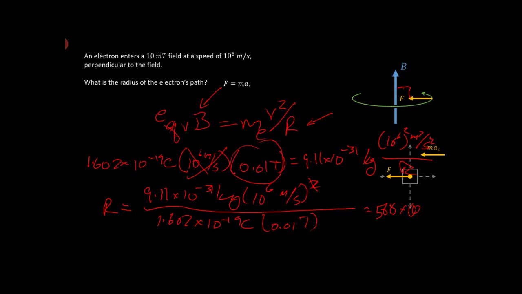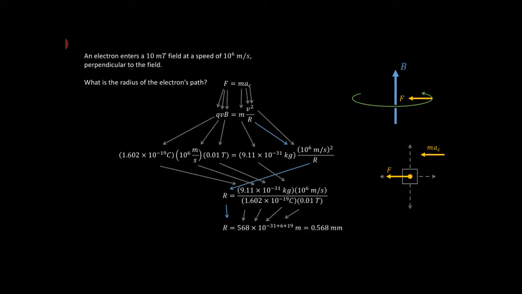Okay, 31 minus 25 is 6. So we have 568 times 10 to the minus 6 meters, which is 0.568 millimeters, about half a millimeter. So that's more or less where we end up with this one.